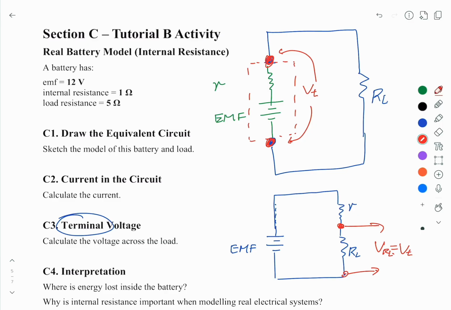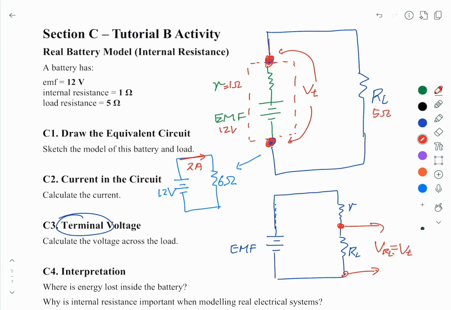So let's put the numbers in our question. EMF is 12 volts, internal resistance is 1 ohm, the load is 5 ohm. So we can first reduce our circuit into one resistance, the equivalent circuit, and this will be 6 ohm. This is 12 volts, so we know the current passing through this circuit will be 2 amp.